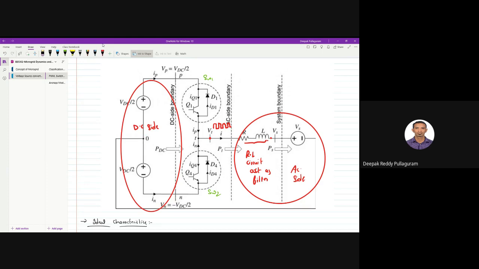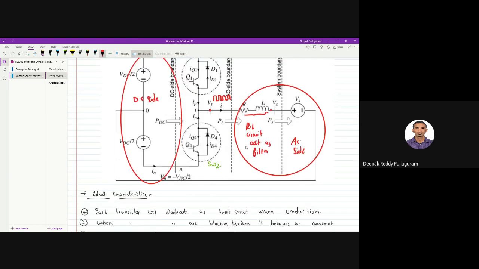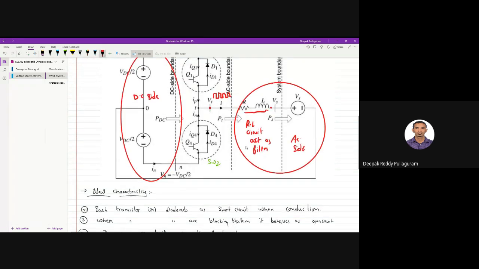This is what we also saw last time for half-bridge converters. Now, ideally, I will assume this has a sinusoidal waveform. Let's say it's a grid voltage, so we can assume a sine wave. And here we have pure DC.